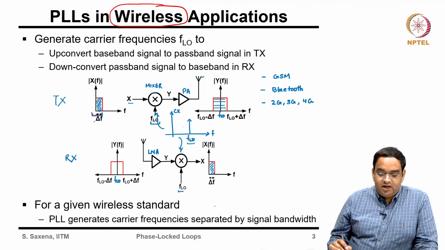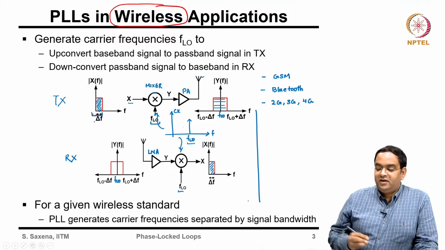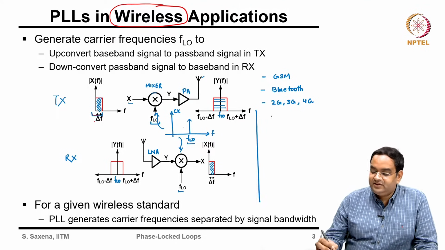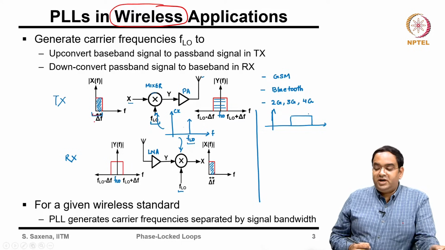Okay. Now, an important part here is that if you look at any standard, for example, you look at a GSM standard. In GSM standard, you are going to have a certain frequency band which is allocated for the particular standard.